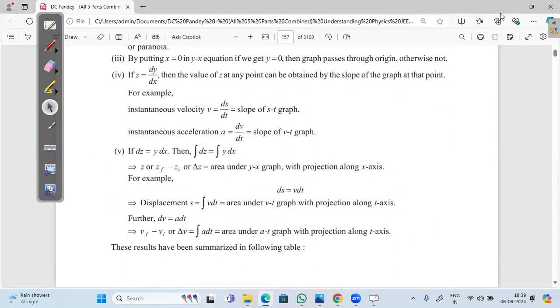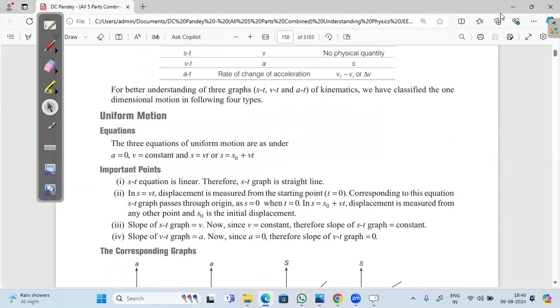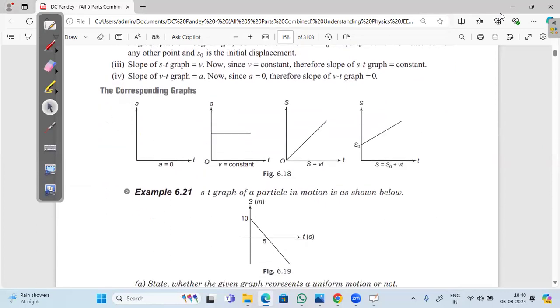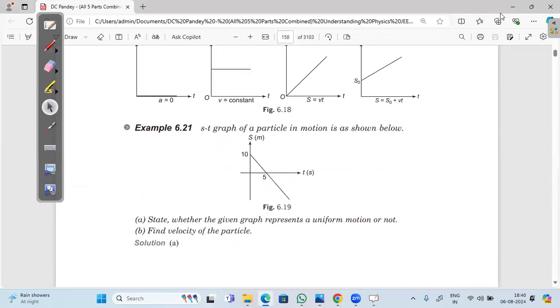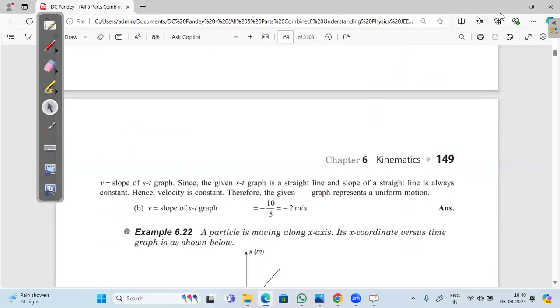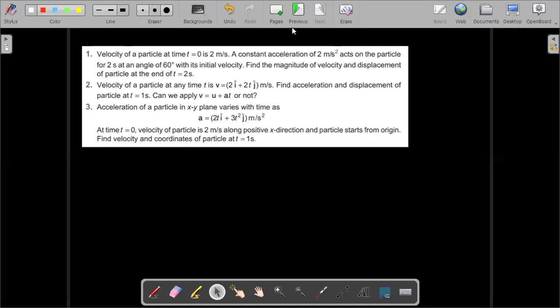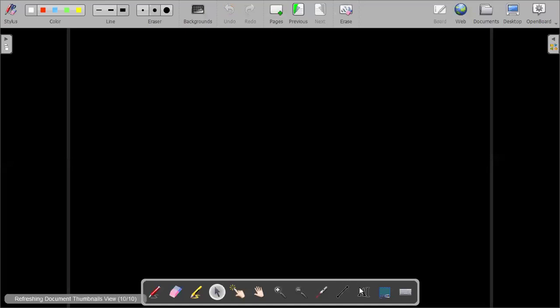So, sir, I think you have understood about the motion in the plane. Yes, sir, understood. Okay. So the questions regarding the graph and others you can do in the same way as we did about the motion in a straight line. Now we can do projectile motion.